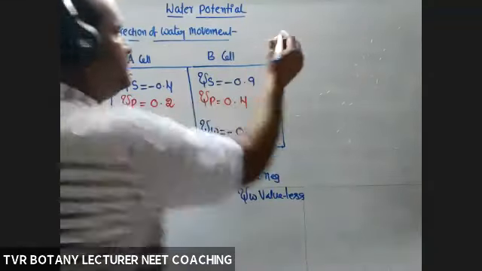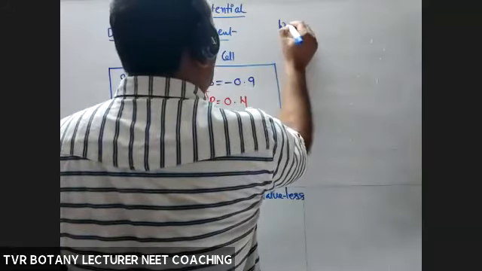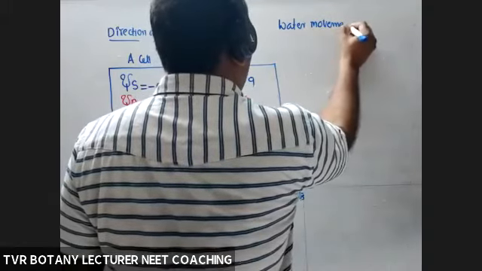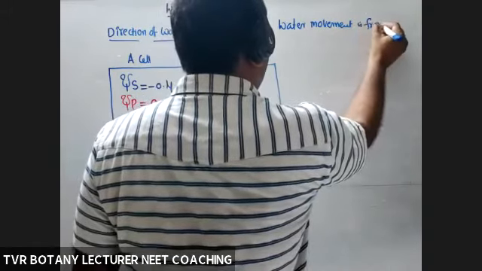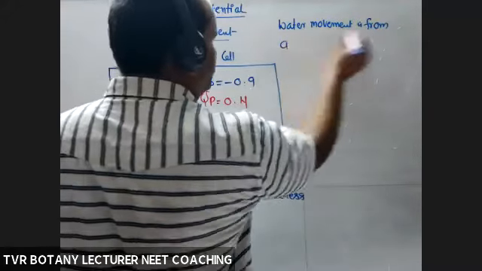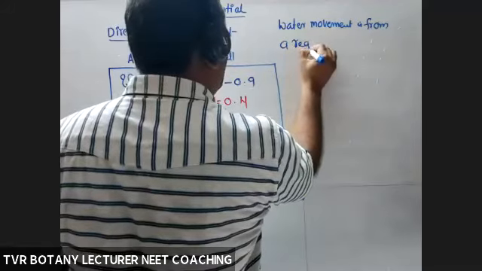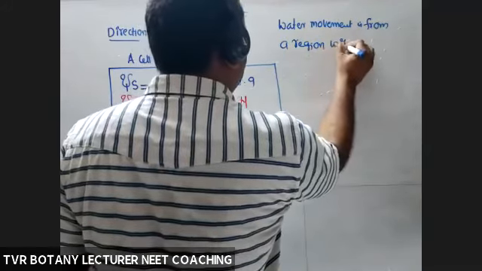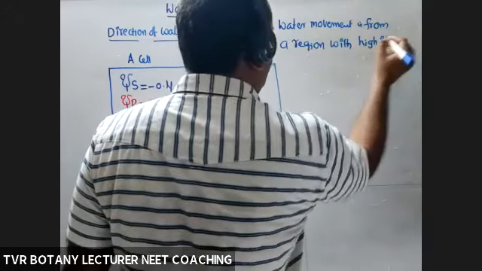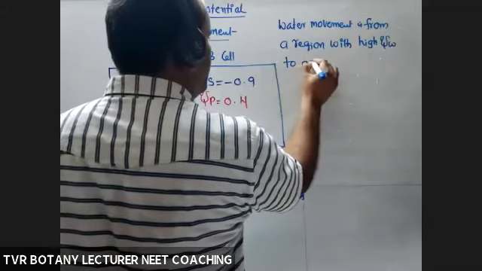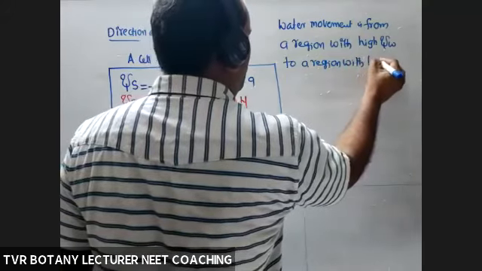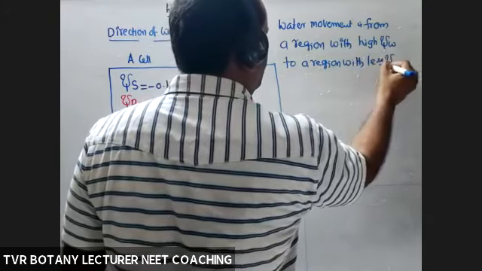According to this data, water movement is from a region or cell with a high psi W to a region or cell with a low or less psi W.